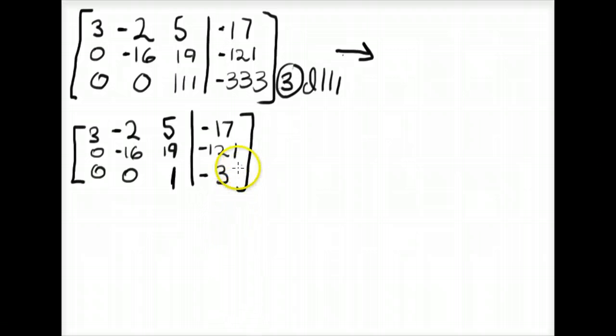So what we're going to first do now is take row 1 and add row 3 multiplied by -5 to it. And what that is going to allow us to do is eliminate another variable.